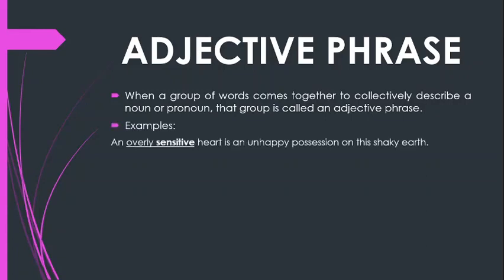For example, "An overly sensitive heart is an unhappy position on this shaky earth." Now you see, the noun here is "heart." As you can see, there is a highlighted portion, "overly sensitive."